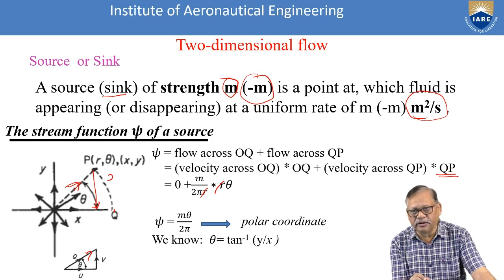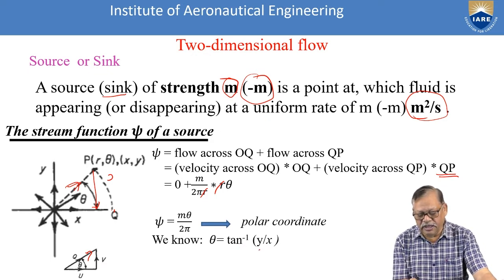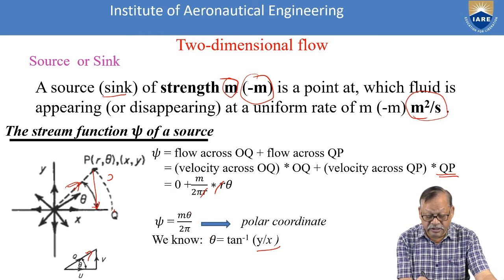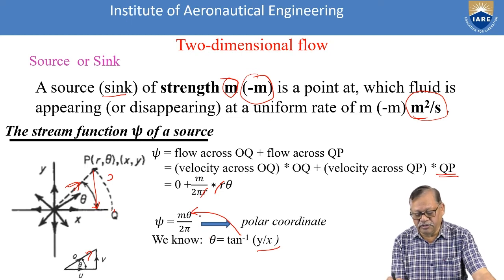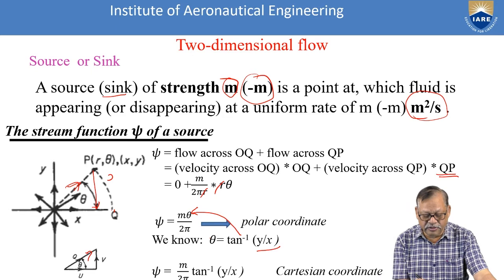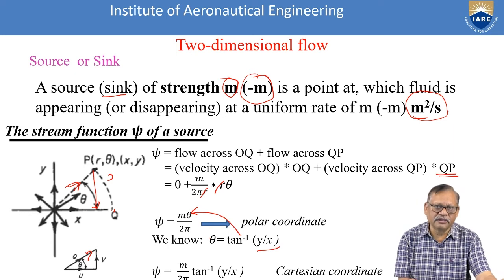So theta is equal to tan inverse of y by x. Now if we substitute this theta value in this equation, we get psi equal to m by 2 pi tan inverse of y by x.